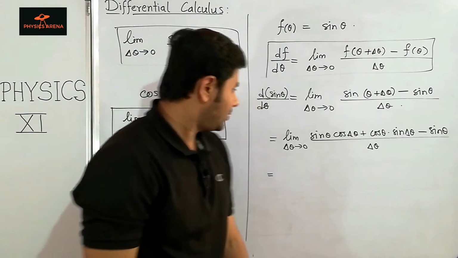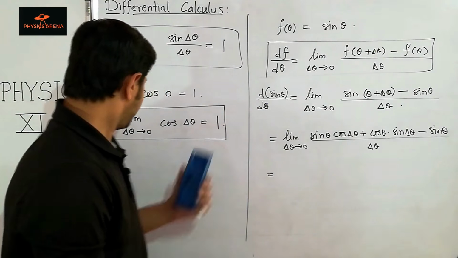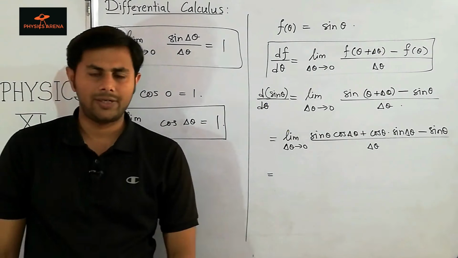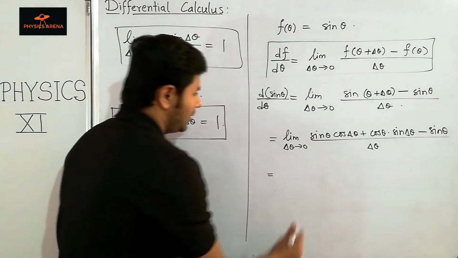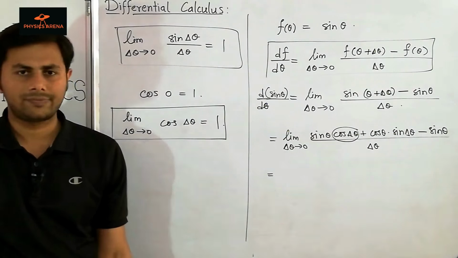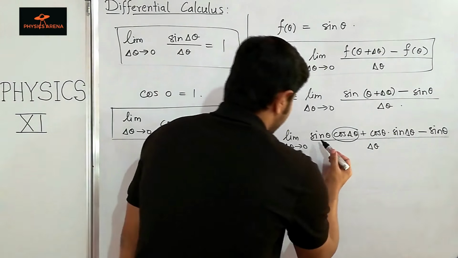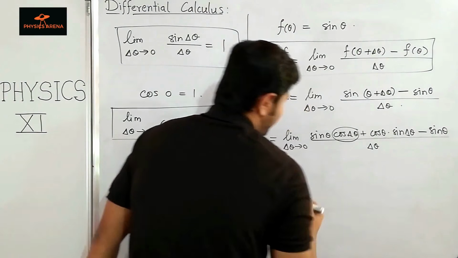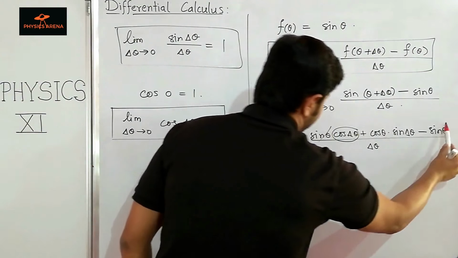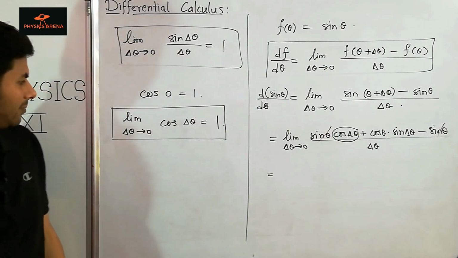Okay, now let's substitute limit delta theta tends to 0, cos of delta theta equals 1 here. So this thing becomes 1. Then the sine theta and minus sine theta just get cancelled out. So I'm doing 2 steps at the same time here.